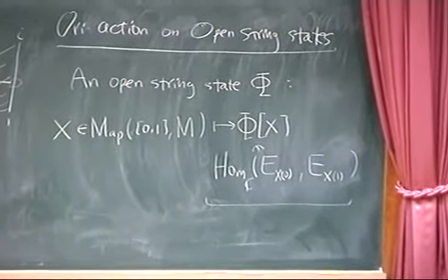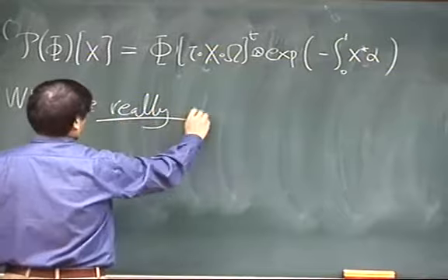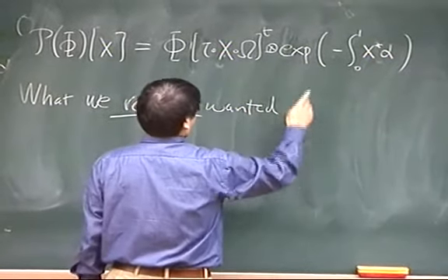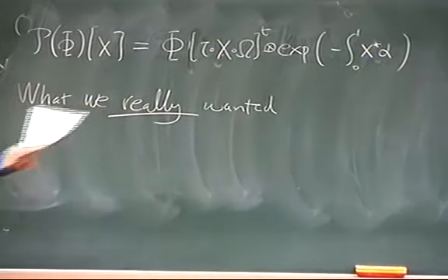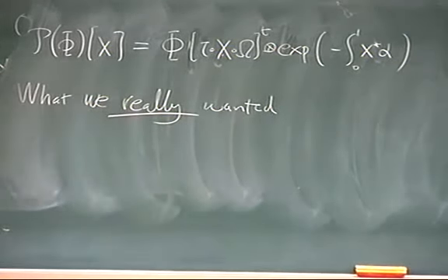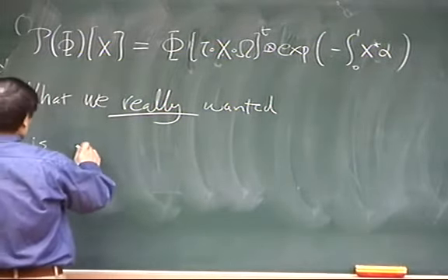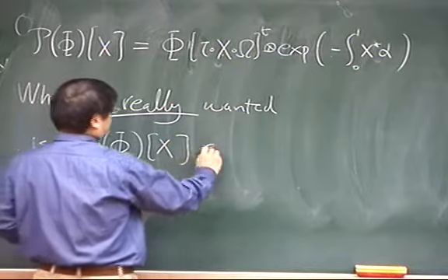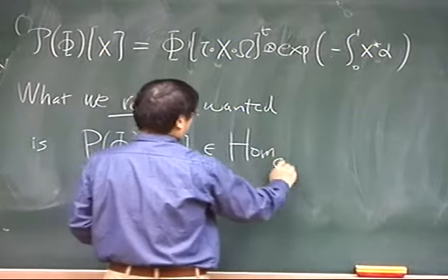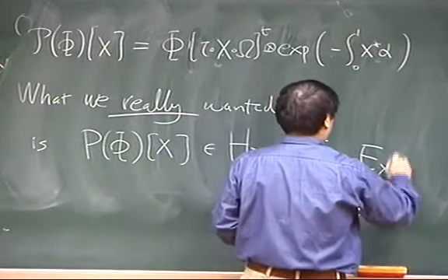What we really wanted is not yet this one, which is in a different space, but a wave function which takes values in the same space, some P of phi for our open string configuration X, which belongs to the same one, on x0, x1.